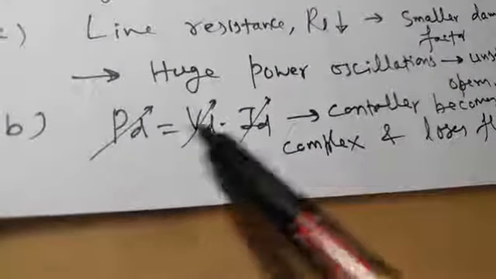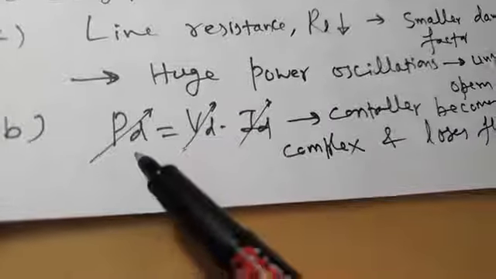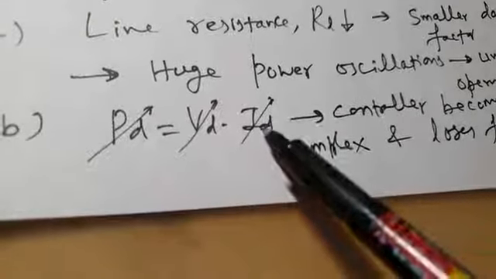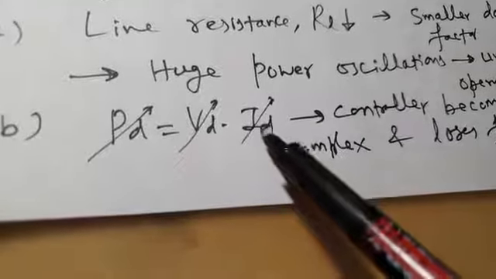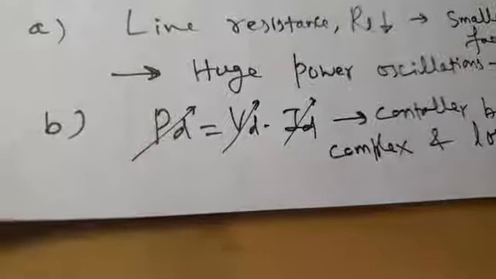So if you control power by controlling voltage or current or both of them, the controller will become very complex and lose flexibility. So therefore power control is not used because of this reason also.